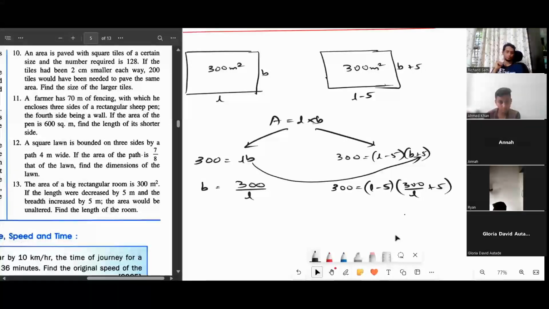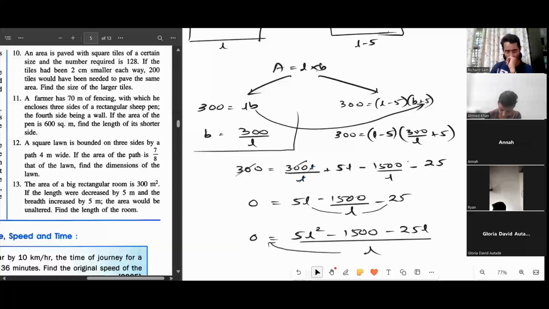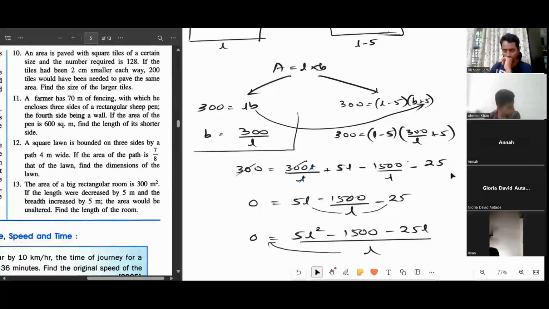Write it down. So for those who didn't get, binomial into binomial.